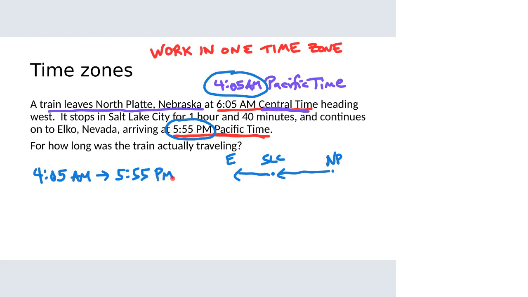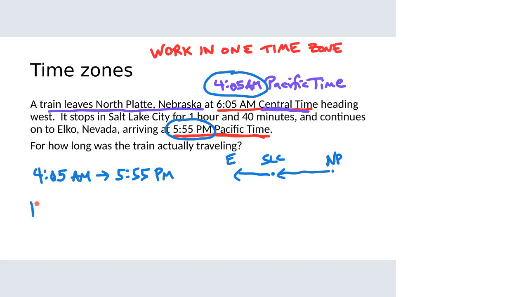Let's see. You can count that however you want to. I'm going to use my fingers. So let's see. It left at 4:05. And you can't see it, but I'm counting on my fingers. 5:05, 6:05, 7:05, 8:05, 9:05, 10:05, 11:05, 12:05, 1:05, 2:05, 3:05, 4:05, 5:05.